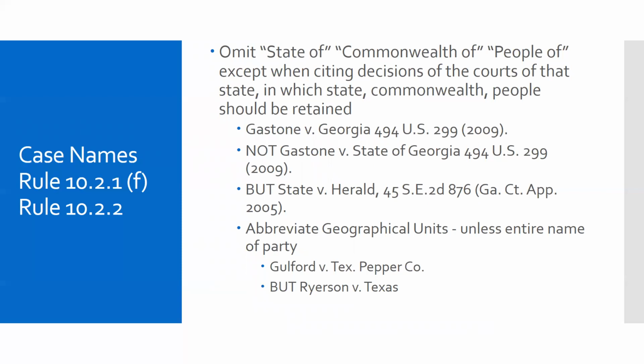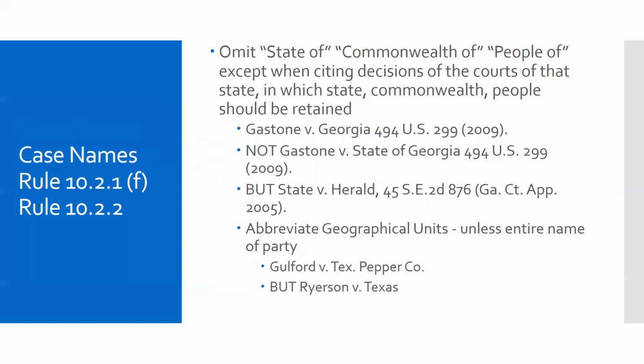Since we're in the U.S. Reports, we're going to eliminate that "State of." So it's just going to be Gaston versus Georgia, versus Gaston versus State of Georgia. But you can see in that third example, it is only going to be State v. Herald because we're citing decisions of courts within that state. So we're going to just put State v. Herald, versus State of Georgia versus Herald.